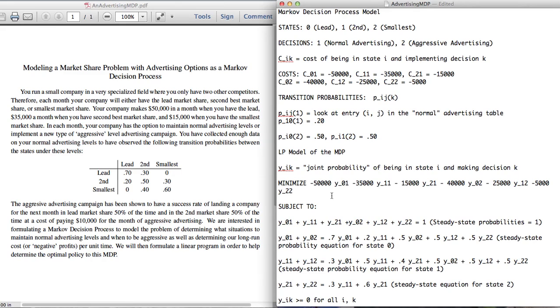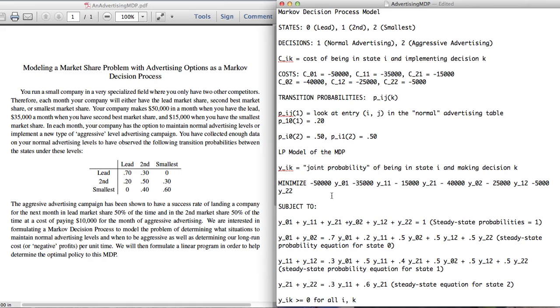What happens if we solve this LP is that we're only going to end up having 3 basic variables in any basic feasible solution to this problem.